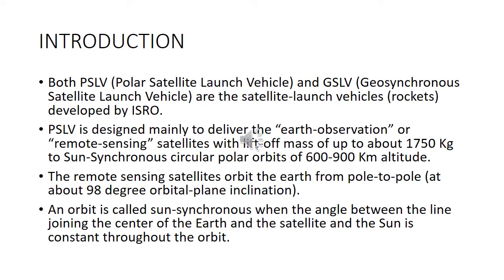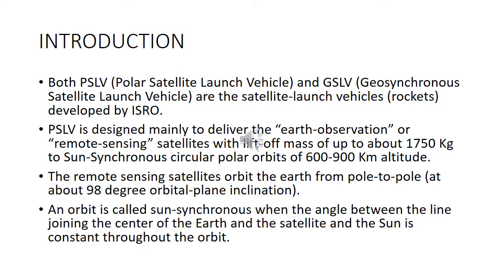The PSLV is mainly designed to deliver Earth observation or remote sensing satellites. It is used for lifting satellites up to a mass of 1750 kg, starting from around 1000 kg, to sun synchronous circular polar orbits.